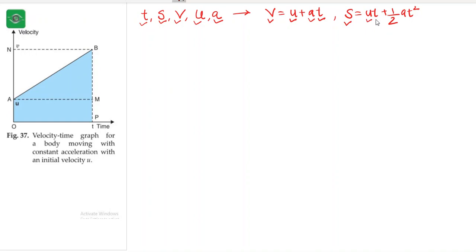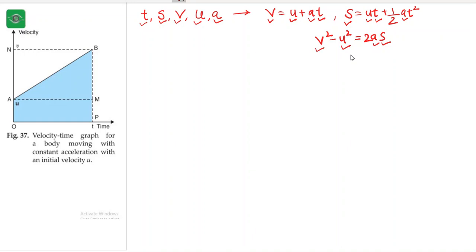S, u, t and a. I will not count this t again. It has already appeared over here. So there is t, there is a, there is u and s. Again 4 quantities. Let's look at the third equation of motion. V square minus u square is equal to 2as. How many quantities are there? 1, 2, 3, 4.